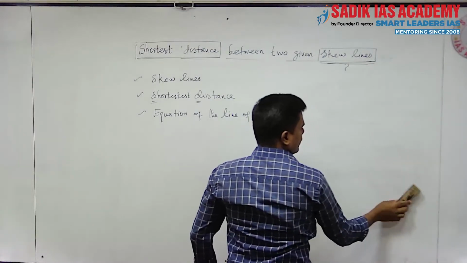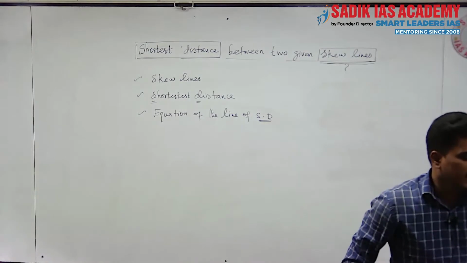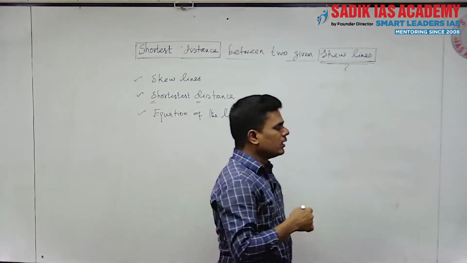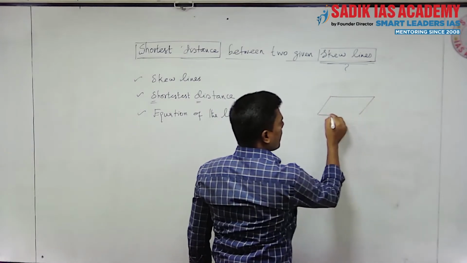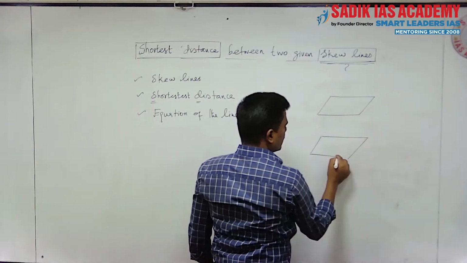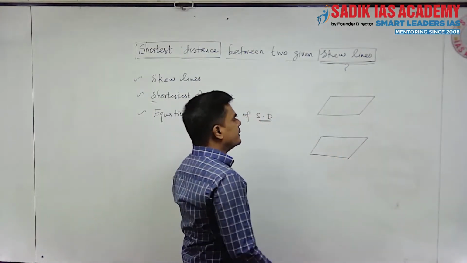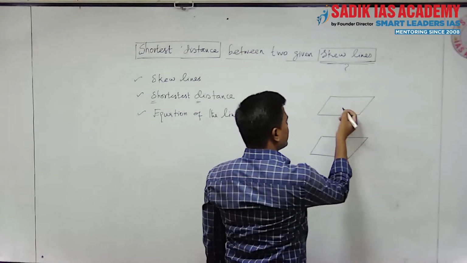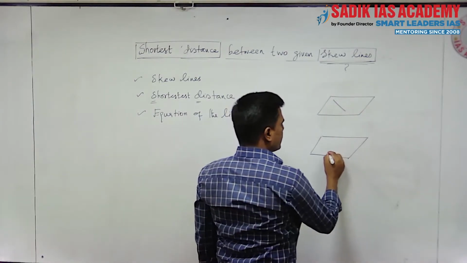Just diagrammatically, if I want to say this, I will take two planes. So, two planes, for example, this is one plane, this is another plane. And now let us consider some line like this, and here some line like this.